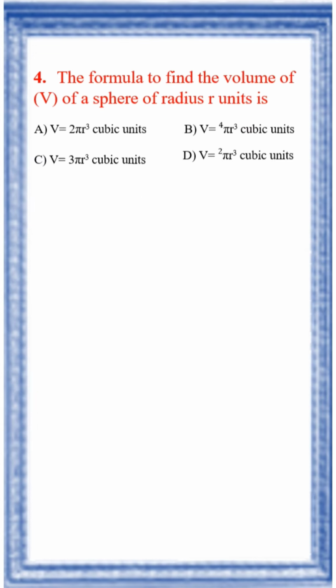Now, let us solve the fourth one. The formula to find the volume V of a sphere of radius r is. Very easy question.